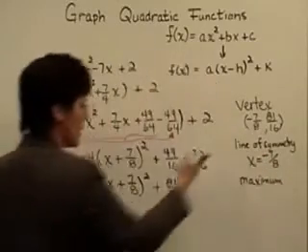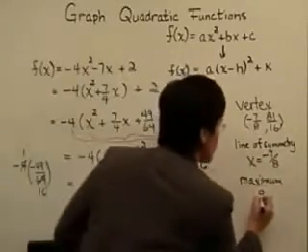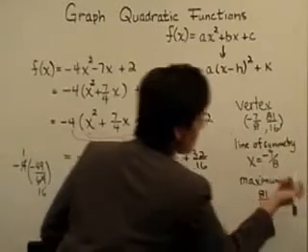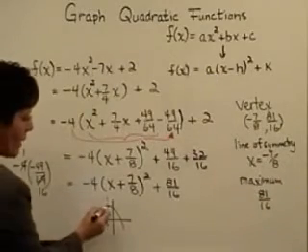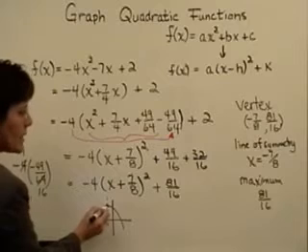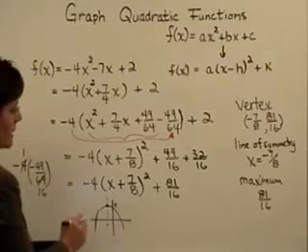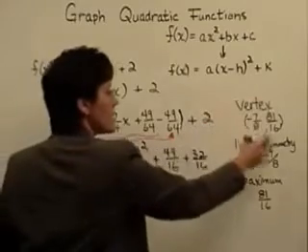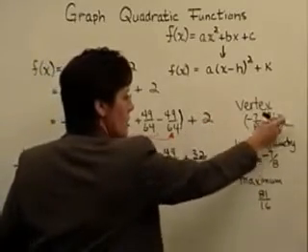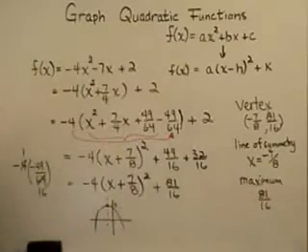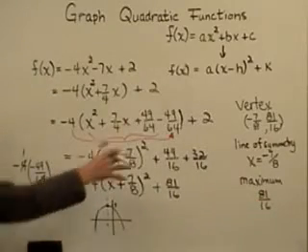And my maximum point is this 81/16. Or you can reduce it, I believe that's close to 5. So if I had really drawn this correctly, this point right here is -7/8 and about 5 there. Again, it's not exact, but there's my vertex, my line of symmetry, those match, my y value and my maximum match. And I have successfully given those values.